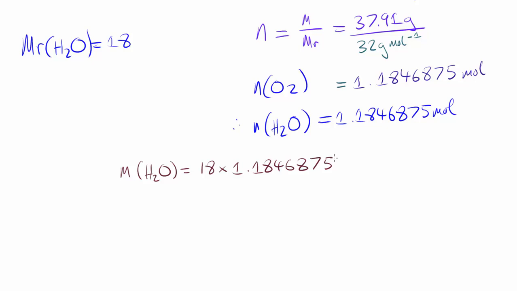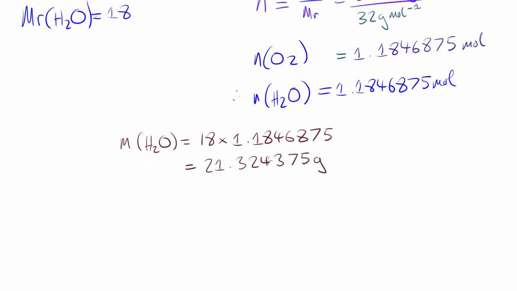Feel free to have a go and see what you can work out. That effectively gives us closer to the figure that we're looking for. So it's going to be 21.324375 grams. Okay, now do we have our answer?